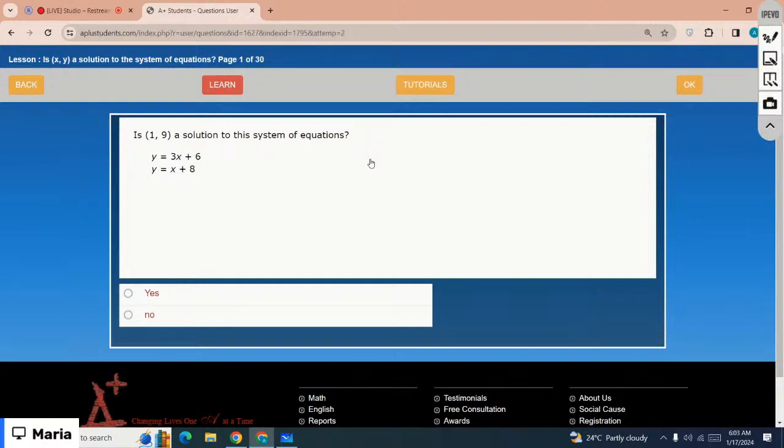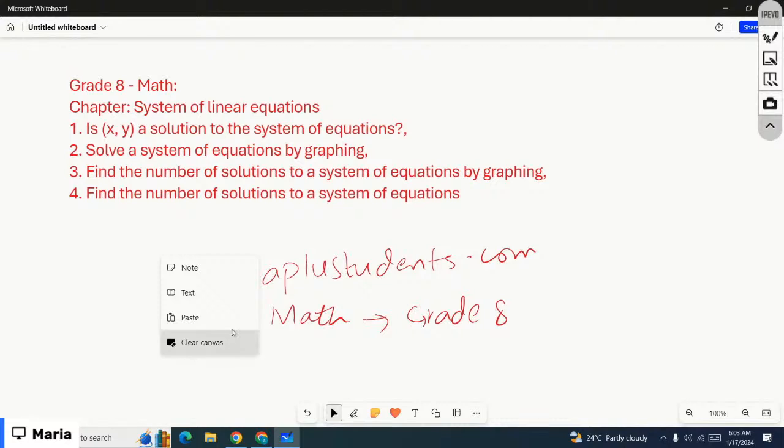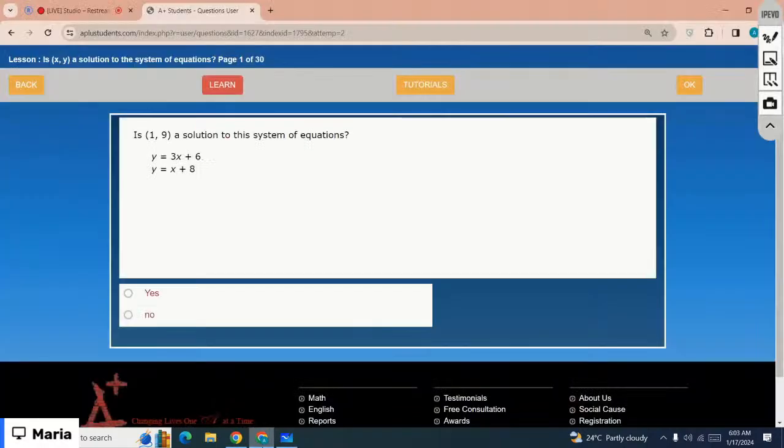The first example: is 1, 9 a solution of the system of equations y equals 3x plus 6 and y equals x plus 8?